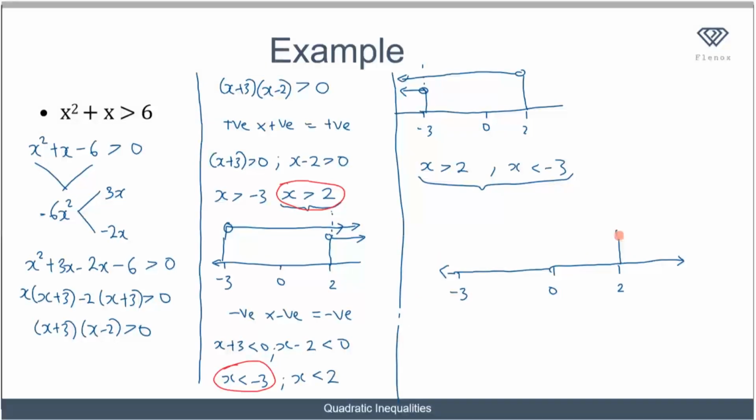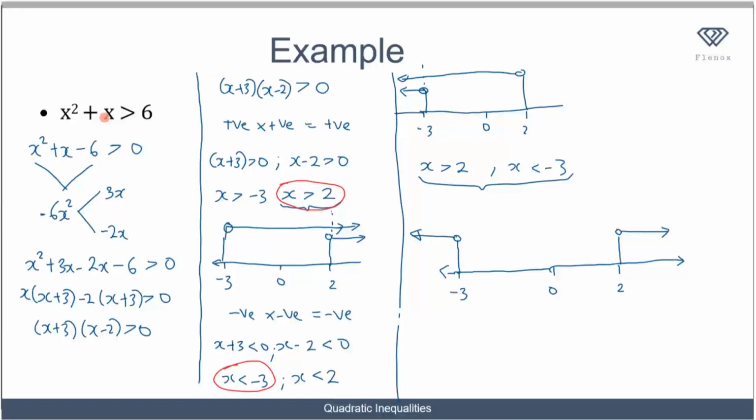So I have x being greater than 2. And the second condition, I have x being less than minus 3. So the solution to this equation is either x is greater than 2 or x is less than minus 3. So when you have these two conditions, then this quadratic inequality will be satisfied.